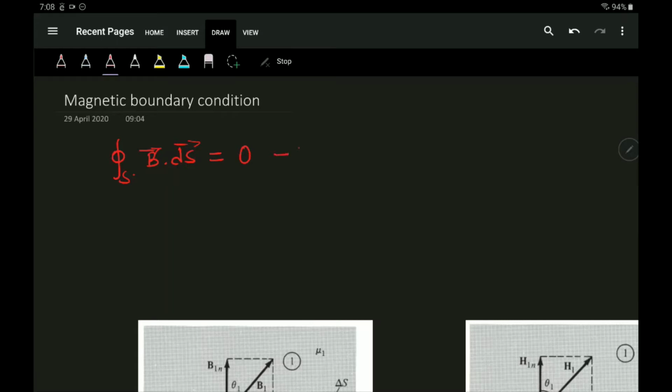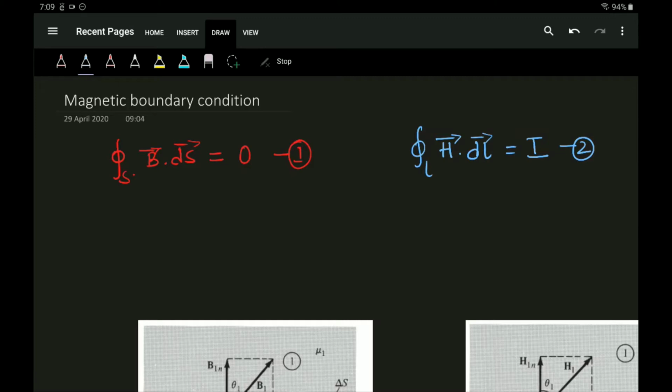This is our first basis equation, and the second is Ampere's circuit law, which states that the closed line integral of magnetic field intensity H dot dl is equal to the current enclosed, I enclosed, as we usually say.